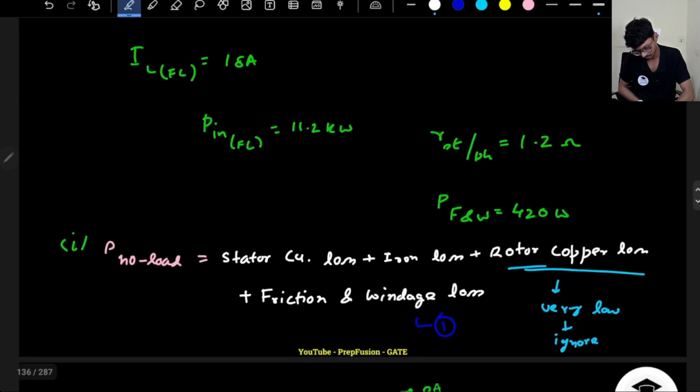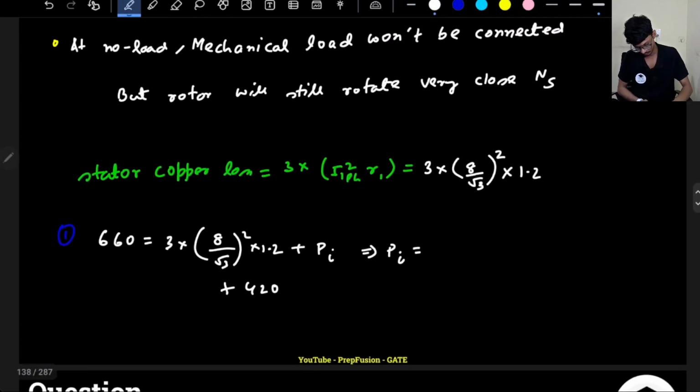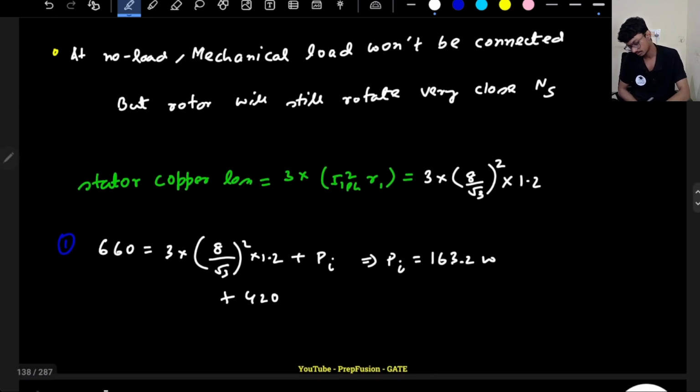So 660 minus 76.8 minus 420. So it is 163.2 watts. So the core loss or iron loss is 163.2 watts. This is the answer for the first one.